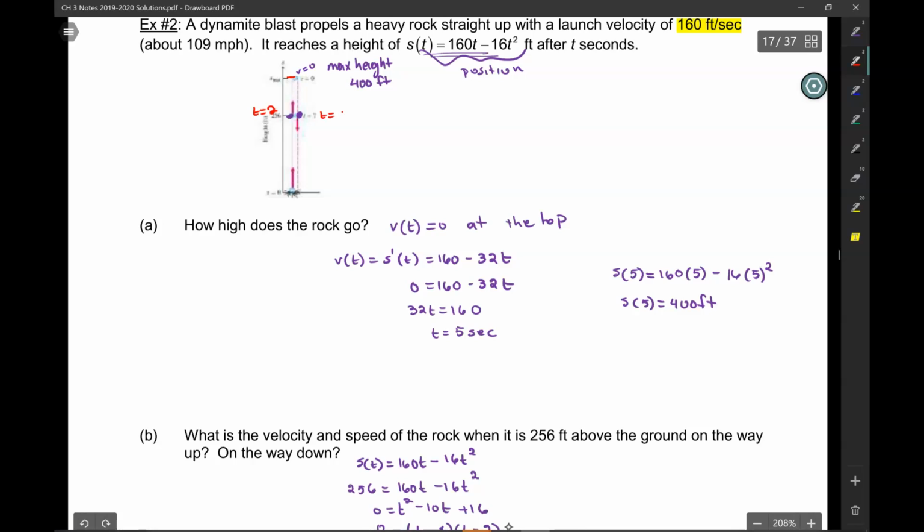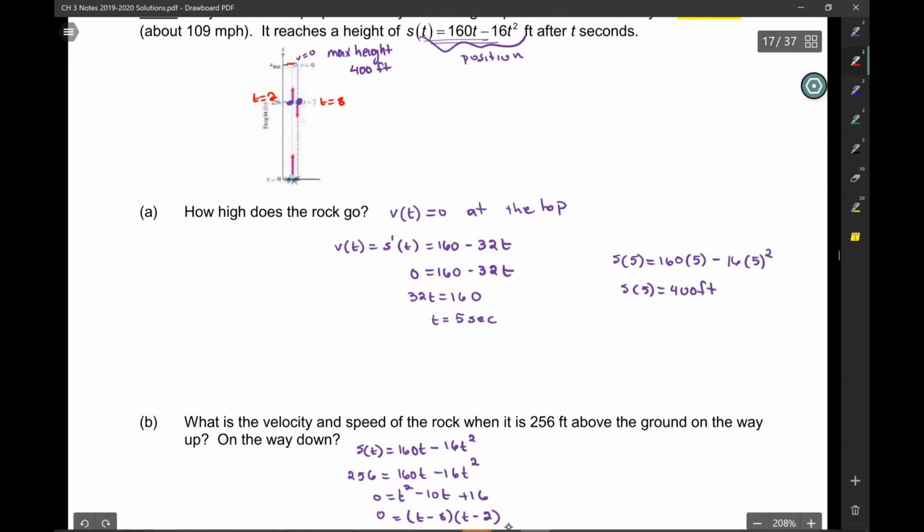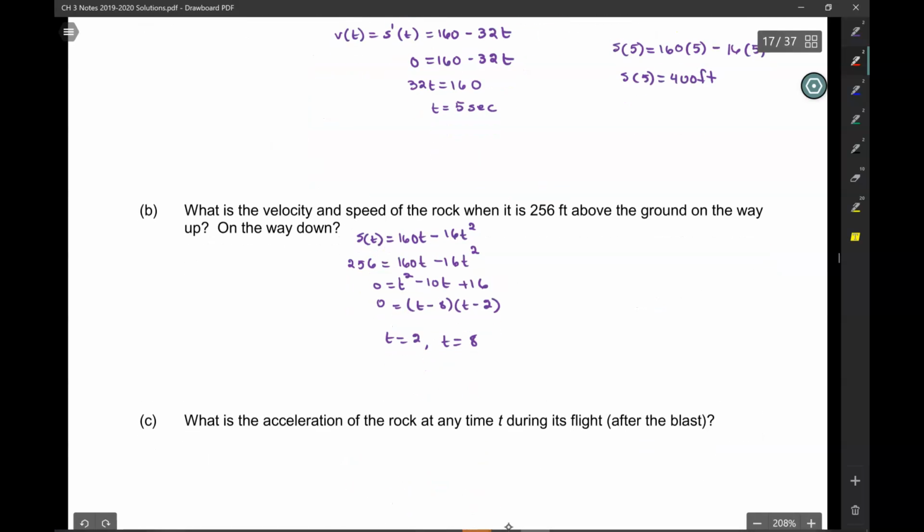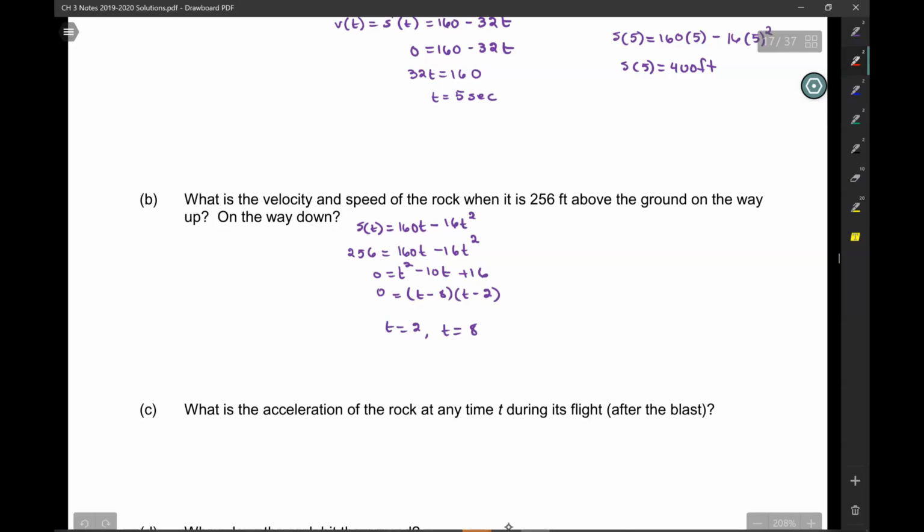So now I need to know what is the velocity when it's at t equals 2 and what is the velocity when it's t equals 8. So I say on the way up, I need to know v of 2.